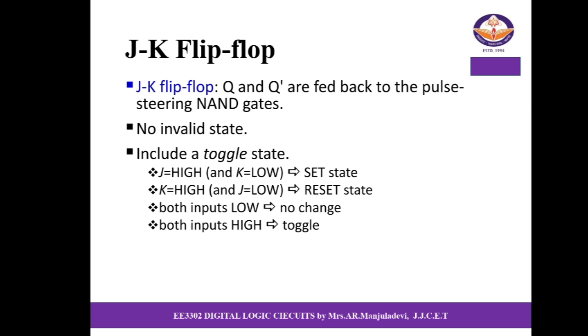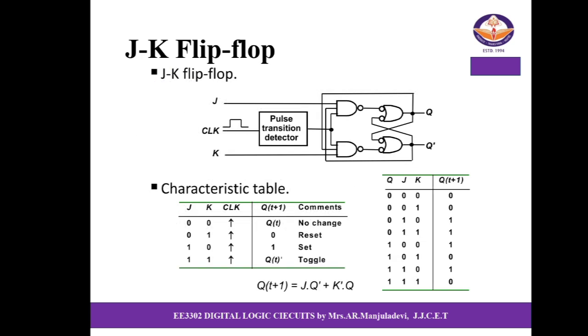When K is high and J is low, it is in the reset state. When both inputs are low, there is no change. When both inputs are high, toggle occurs. These are the characteristics table and logic diagram of the JK flip-flop.